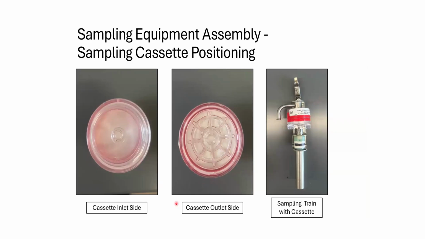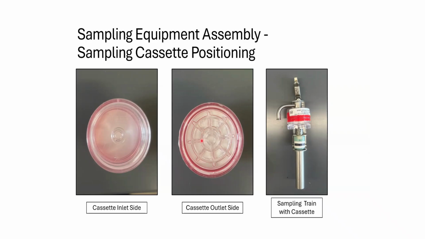An important point on the cassette: both sides will say either inlet, here it says inlet, the flat surface, or the outlet. Here it says the outlet, wagon-shaped surface, which are critical locations for doing the correct pump connection.